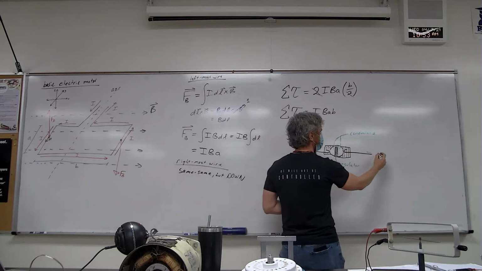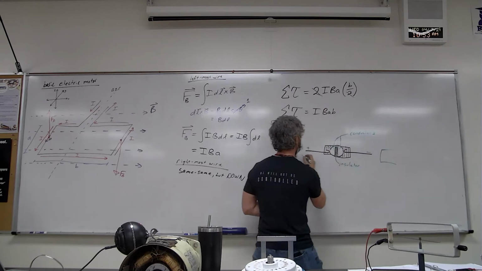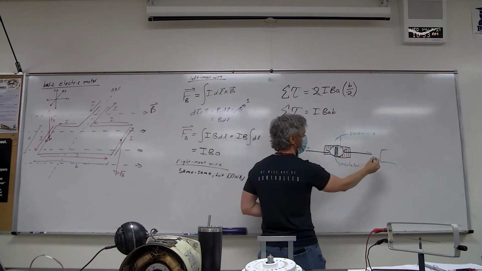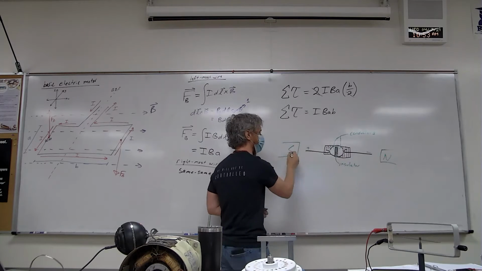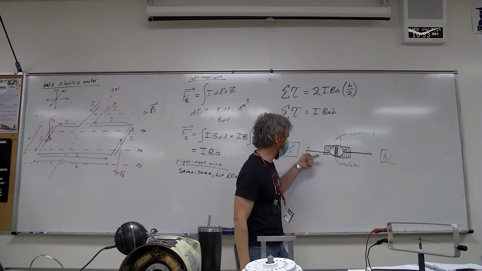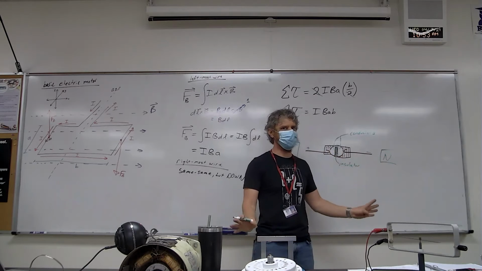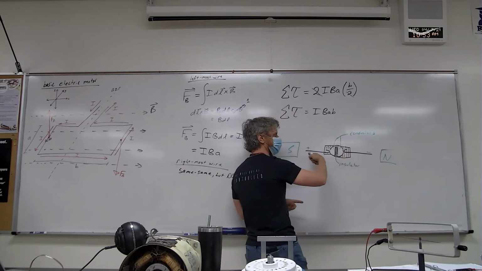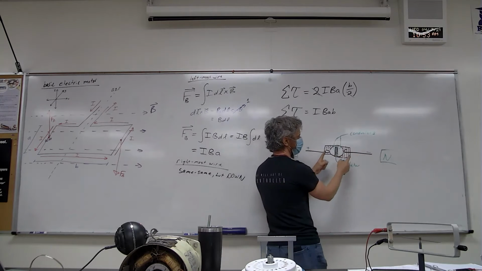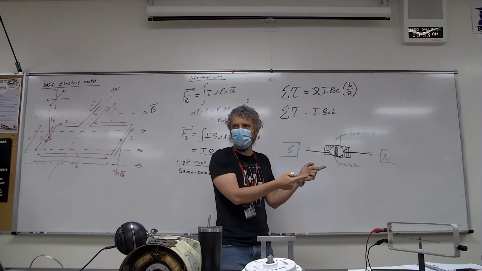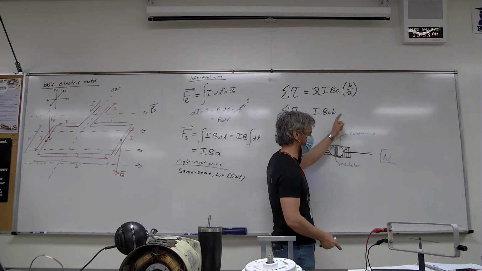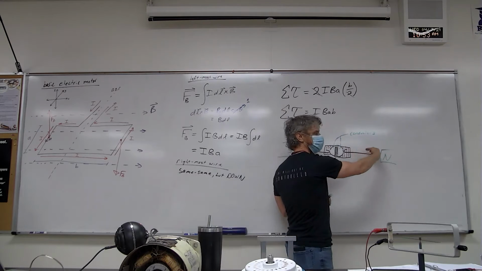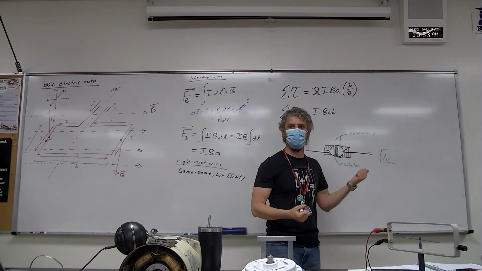I have a magnet here and a magnet here. These are permanent magnets. One's north, one's south. Those don't change. The current coming in here and exiting there doesn't change either. But there's the interaction between the magnetic field between these magnets and the current. There's 90 degrees between the current here, whether it's up or down, and the magnetic field. So I get a magnetic force on the wire.